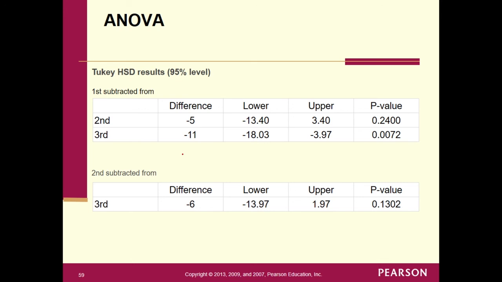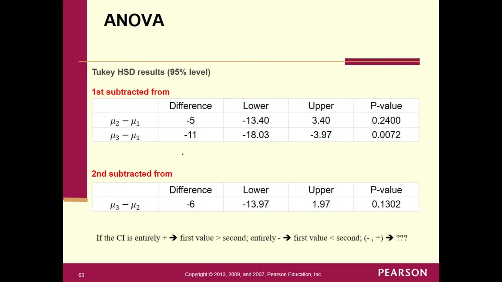So that first line right there means mu2 minus mu1. The next line is actually saying mu3 minus mu1, first subtracted from. And then the last one is mu3 minus mu2.